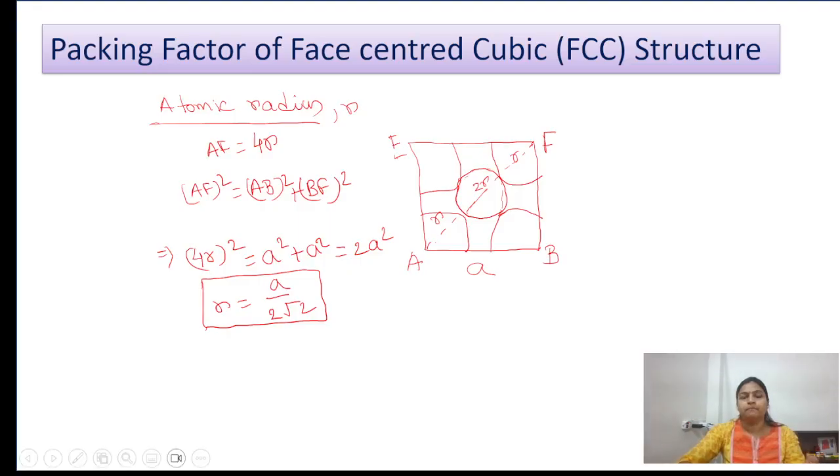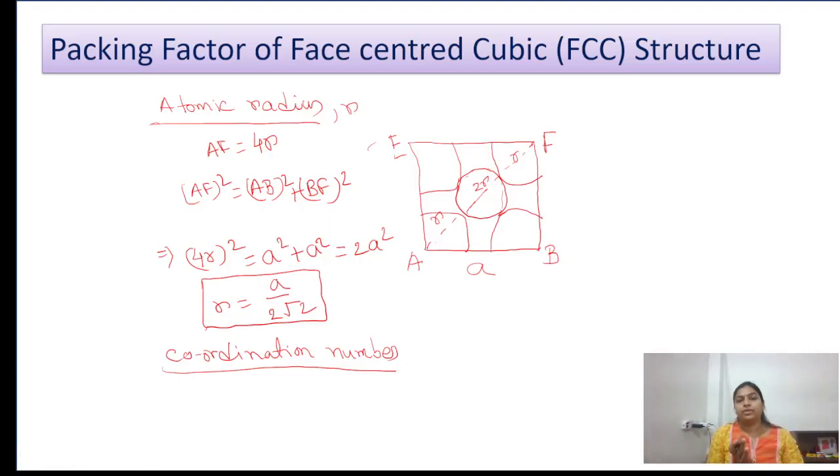Now we shall find out the coordination number of this structure. We know that the nearest neighbors of each corner atom are the face-centered atoms of the surrounding unit cells.